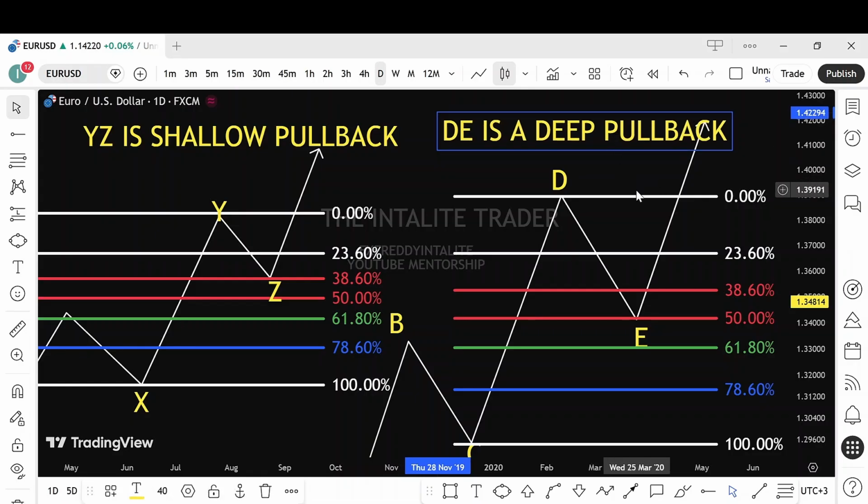Is it clear to you? Yes. Anything between 0 to 50, here we shall say price is a shallow pullback. And anything 50 to 100, that one is a deep pullback.